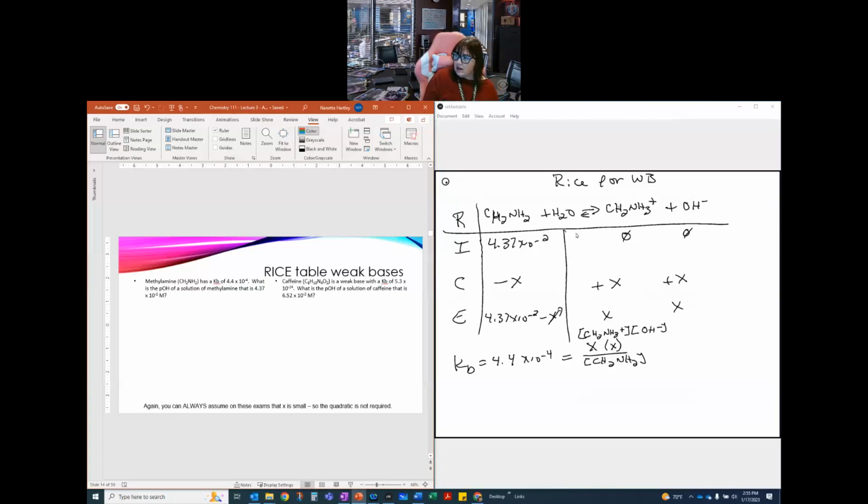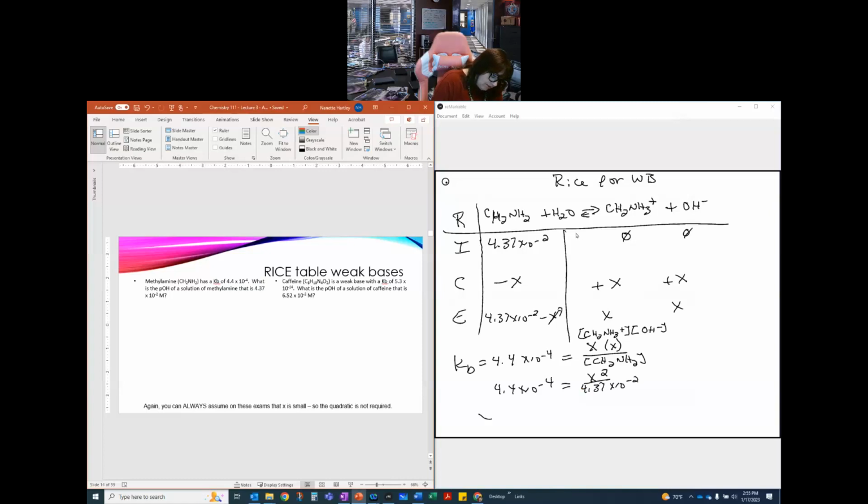Now, when we do all of this, we have our concentration of CH2NH2. So 4.4 times 10 to the minus 4th is equal to x squared over 4.37 times 10 to the minus 2.